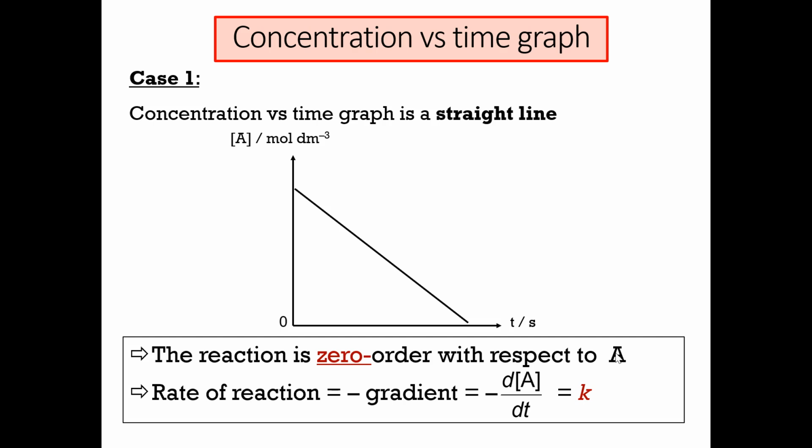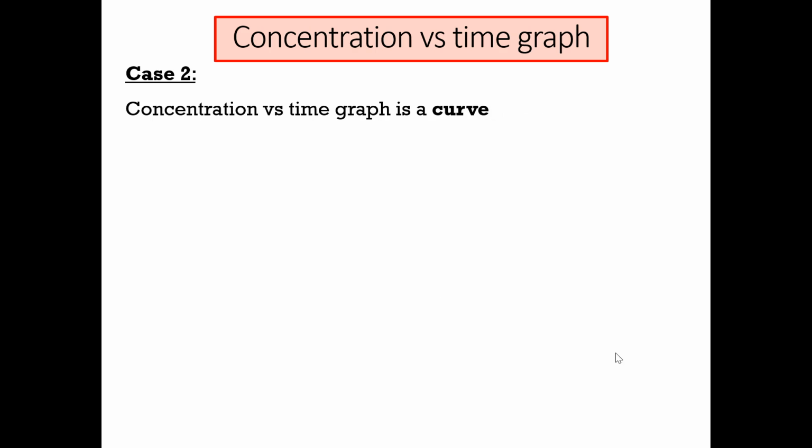As I mentioned in the earlier portion that we have recorded, if the concentration of reactant time graph is a straight line like this, you are looking at a zero order with respect to the reactant that you're investigating.